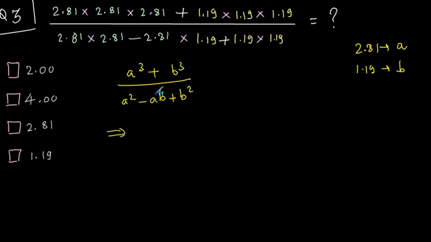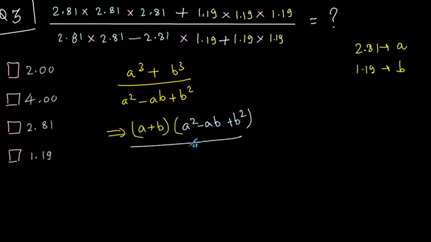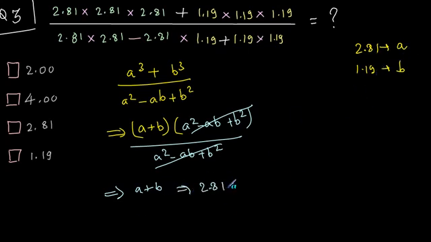A cubed plus B cubed is A plus B into A squared minus AB plus B squared, divided by the denominator A squared minus AB plus B squared. Now these terms get cut out and you remain with A plus B. Now A is 2.81 and B is 1.19, so 2.81 plus 1.19 gives the answer 4.00. So the correct option is this one.